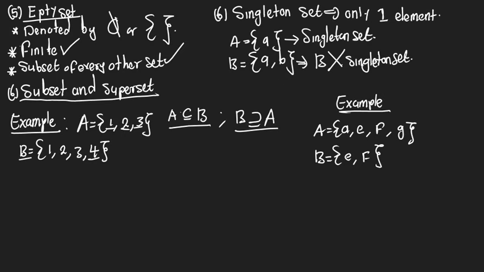So I want you to work on this example. You give me this question, I'm going to mark. I want answers for this particular question. I want to see if people have understood this particular part.